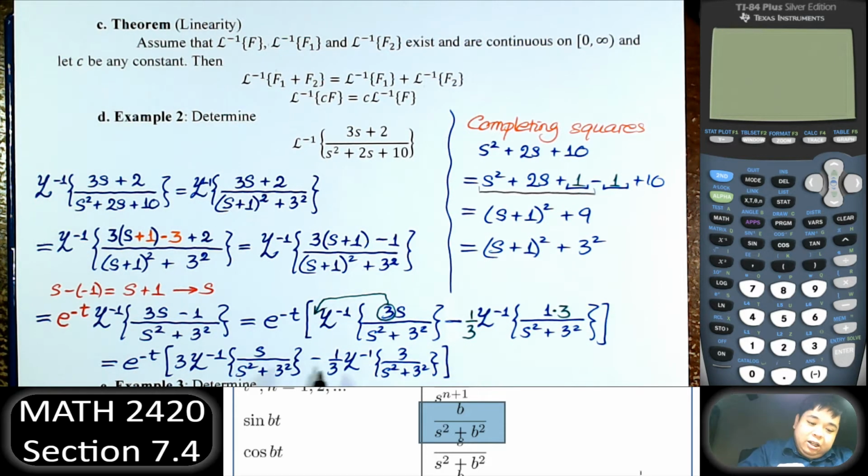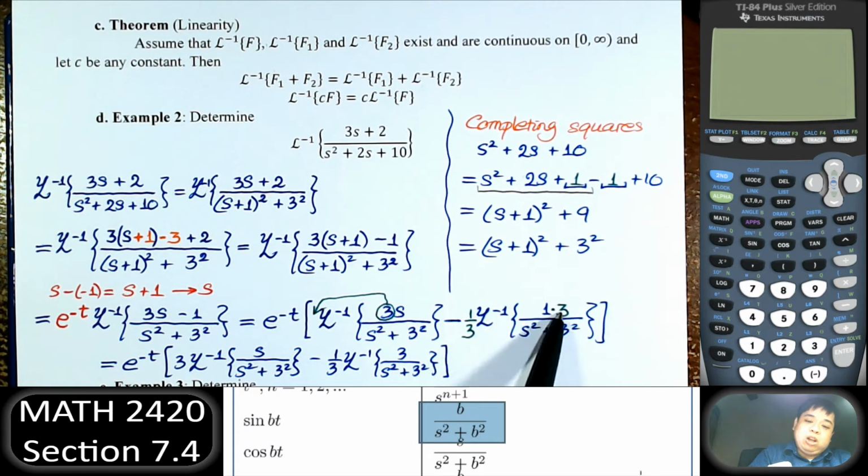Now you see, if there's an s on the top by itself, if there's a number, that number must match with that number squared at the bottom. So that's why we multiply by 3 and divide by 3 there, to have those numbers match.